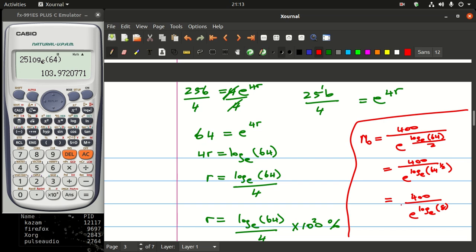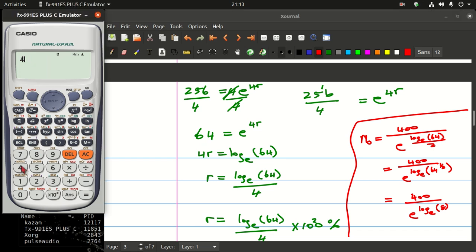So you can end your answer like this, or you can press it in the calculator and get your final answer. Just for curiosity, you can press 400 and then divide that by e raised to log base e, or ln, of 8.